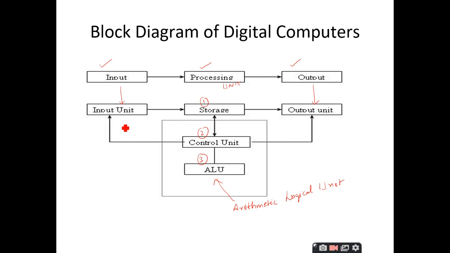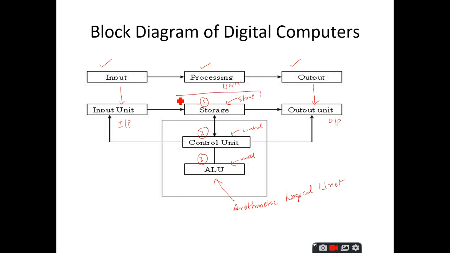So when you compare this block diagram of digital computers with the Charles Babbage analytical machine, this is the input and this is the output, and this is the store, which is called the memory or storage, and this is the control unit, this is the mill, which is going to perform the arithmetic and logical operations.